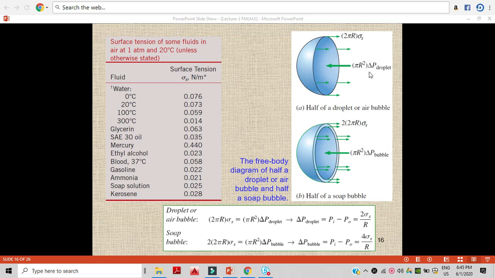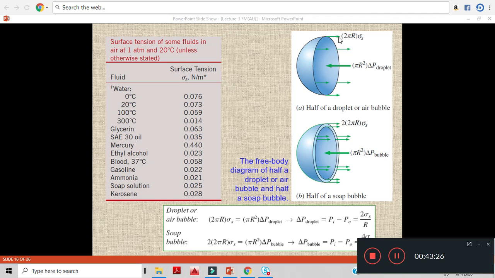So this is the pressure force and this is the surface tension force. To calculate the surface tension force, we multiply sigma by the length. The surface tension is force per unit length. So what is the length? 2 pi r is the length at which the surface tension is acting.